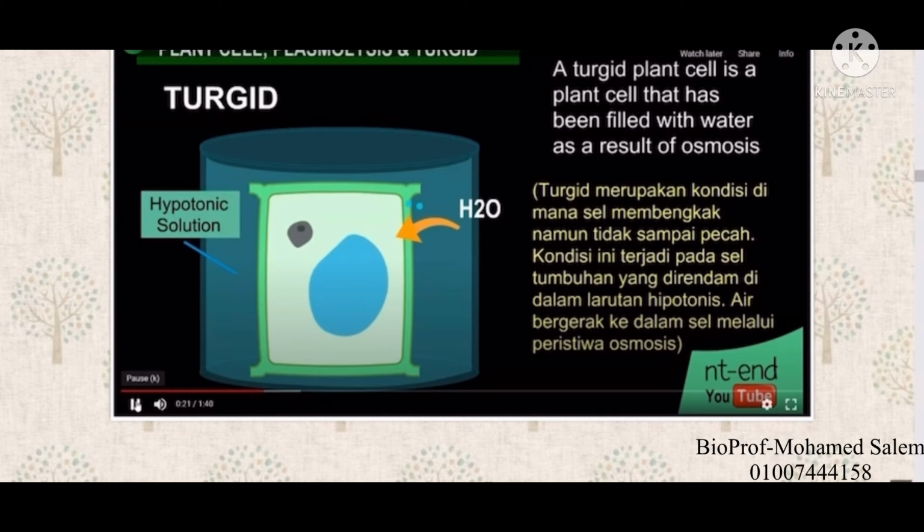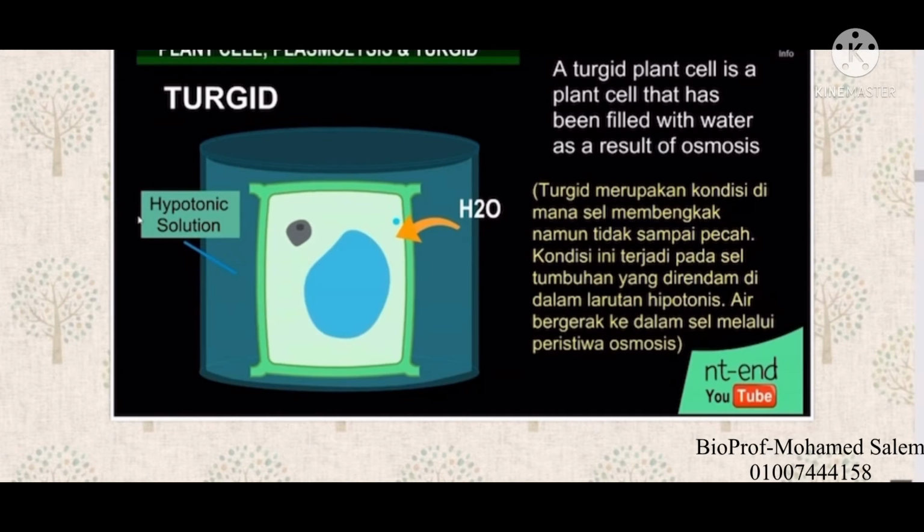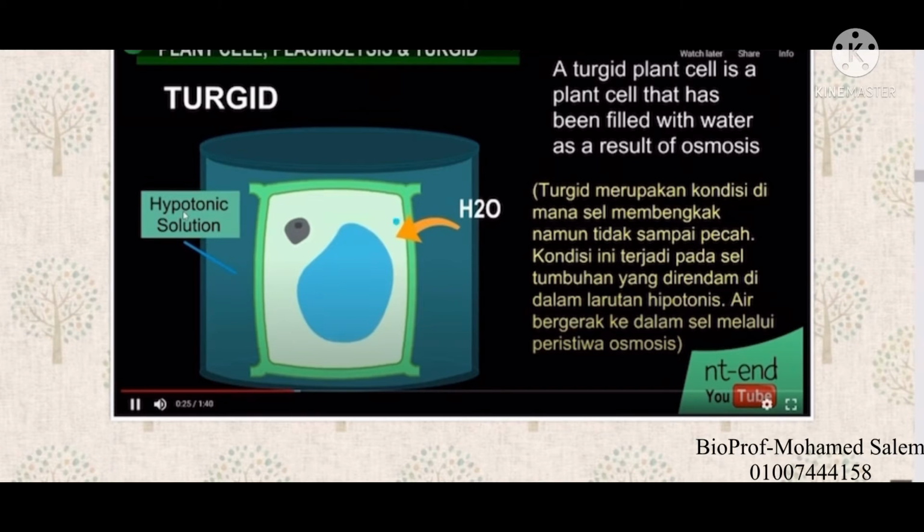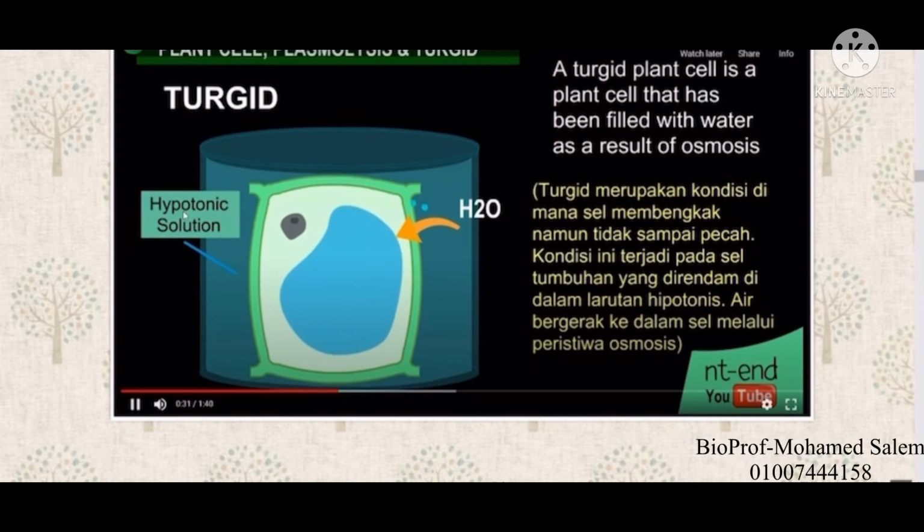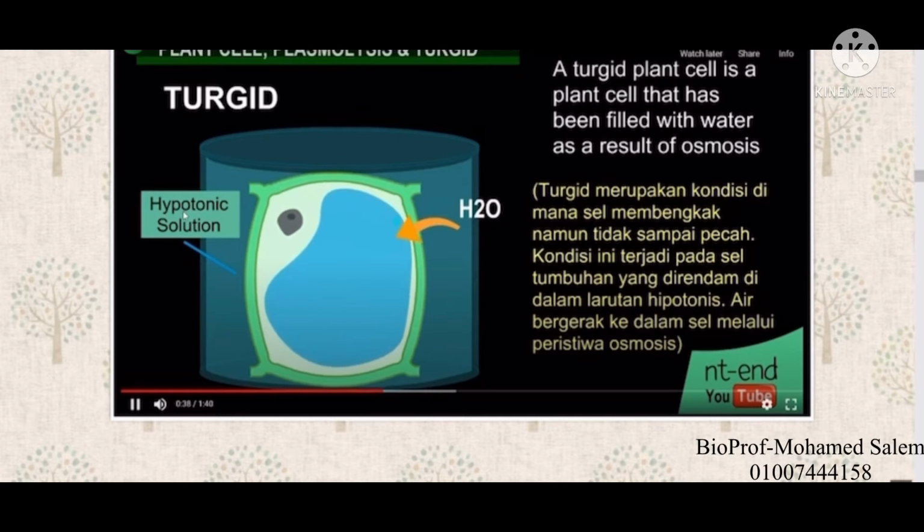When we put the plant cell in hypotonic solution, hypo means less salt concentration, so the water concentration will be high inside the cell. So the cell becomes turgid.